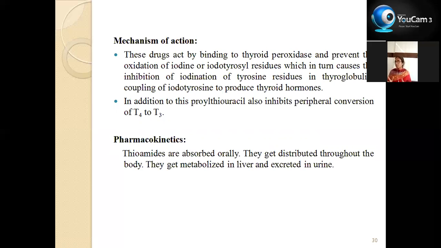So their main function is to reduce the thyroid hormone. In addition to this, propylthiouracil also inhibits the conversion of T4 to T3. So the main mechanism is to inhibit the release of thyroid hormones and also to inhibit the conversion of T4 to T3.